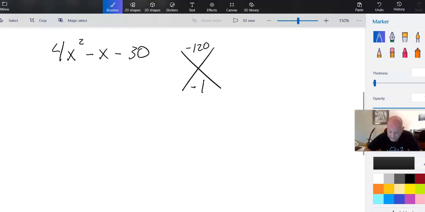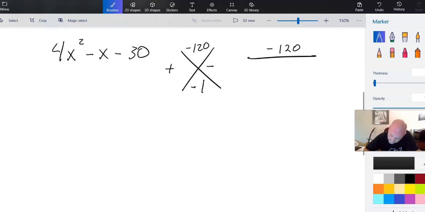Now, that's definitely possible because if I have one positive and one negative factor, which I need to because 120 is negative, then I know for a fact that these two have to be opposite signs. Now, one of the things I can keep in mind here is because this is negative down here, I know that the bigger of the two factors is going to be the negative factor. So let's see what things multiply to give me negative 120, because I'm not really seeing it right now.